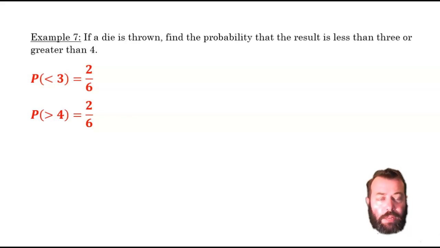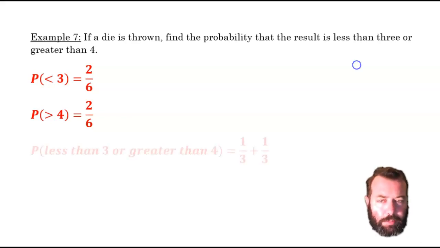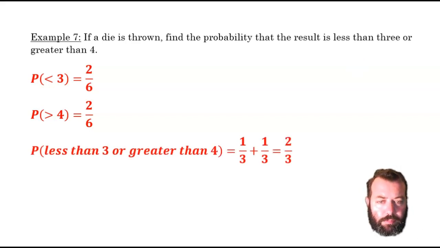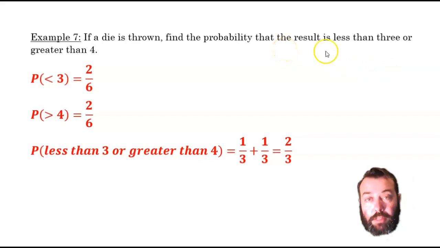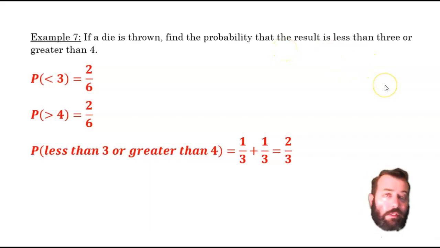So, the probability of either of those occurring, the probability of A or the probability of B, the union of A and B here, is 1/3 plus 1/3, since 2/6 is equal to 1/3. That equals 2/3. So that's the probability that the result is less than 3 or greater than 4. Because they are mutually exclusive, I can find the two probabilities and add them together.